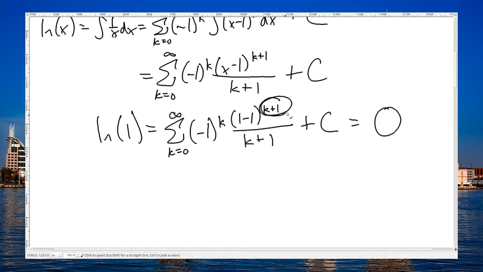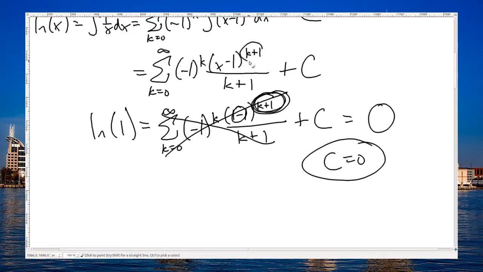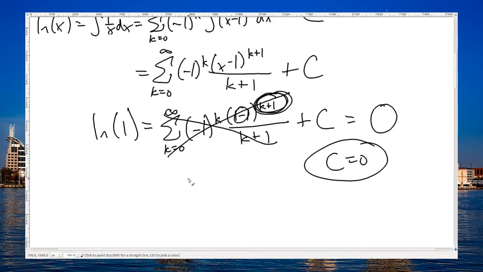However, because of this exponent, all the exponents are at least 1, which means that 0 to any exponent of at least 1 is zero. This all zeroes out, and we do get that c is equal to 0. So it's just something you have to be aware of with integration. It's not too big of a deal because you're usually adding 1 to that exponent to prevent 0 exponents.